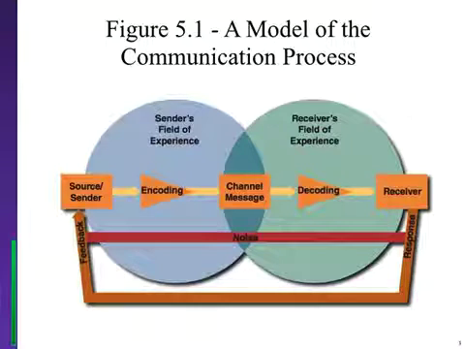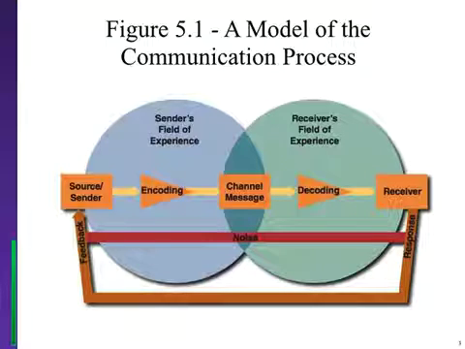In chapter 5, we're learning all about the communication process and how it starts with a source or a sender, and there's a message that that sender is trying to get to the receiver, and on the way, that message gets encoded through whatever way the sender creates and crafts that message, whether it's through words or music.